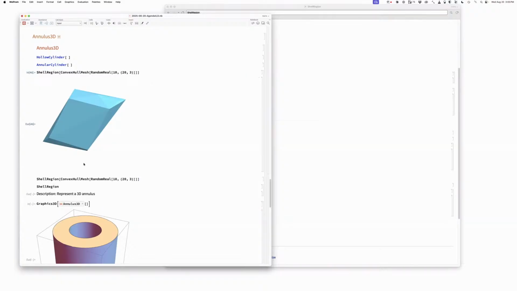The shell region is an extrusion of the convex hull of these particular points, just like if you gave it a sphere. What I would call a shell, a hollowed out sphere.